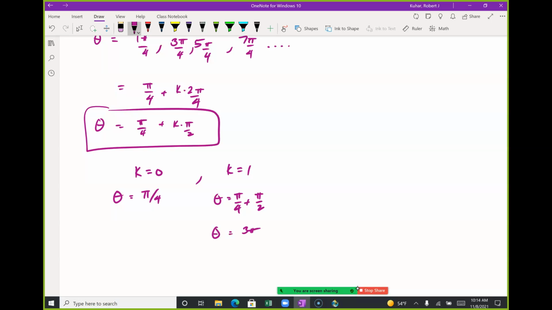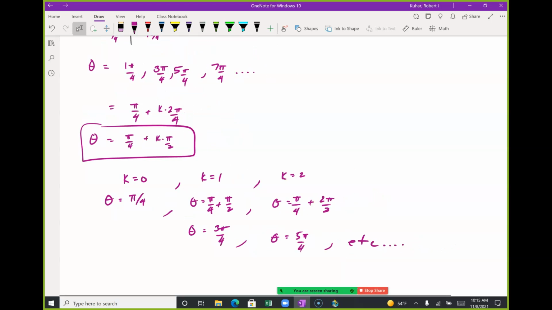When k is 2, I get theta equals pi over 4 plus 2 pi over 2, which is just pi, so I get 5 pi over 4, etc. I don't need to keep going. We can already see it's generating all of those values for me. Our ultimate goal is to have a single solution for theta, but if I have to have a piecemeal one, theta 1 and theta 2, that's fine.